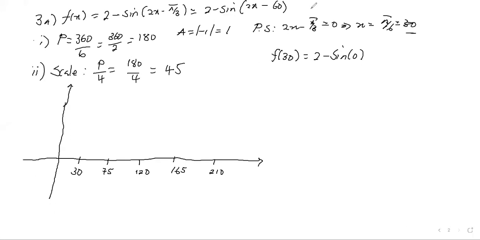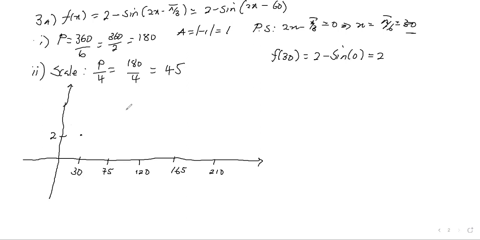Now we substitute, so we have 2 minus sine 0. Sine 0 is 0, so at 30 we get 2.